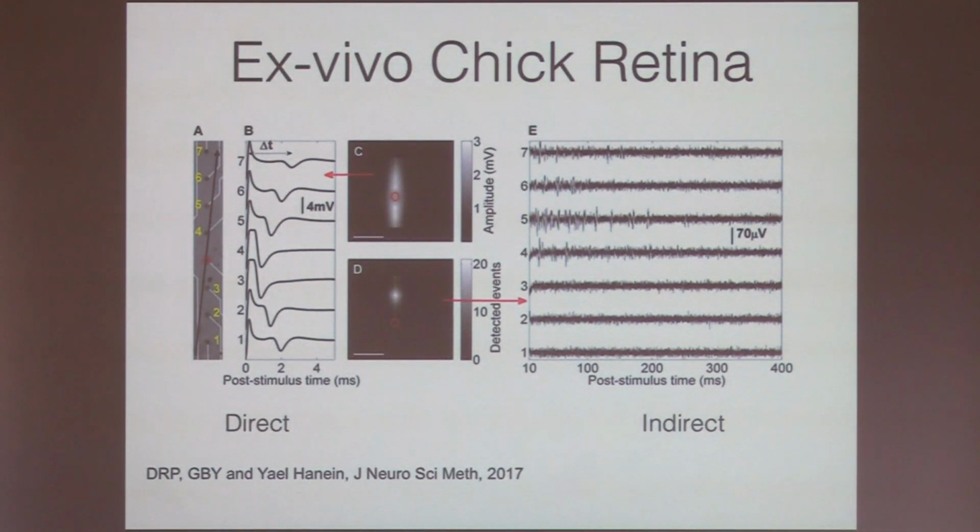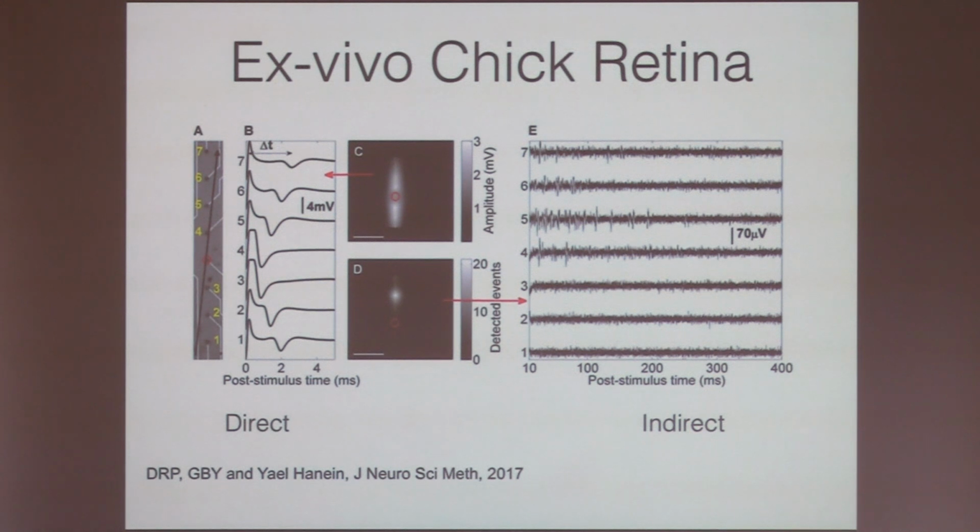And probably one of the last things that I want to tell you about the biological response, the tissue response, is an experiment we did with exactly the same setup, the same electrode arrays, but now instead of using cultured neurons, we use an entire chick retina.